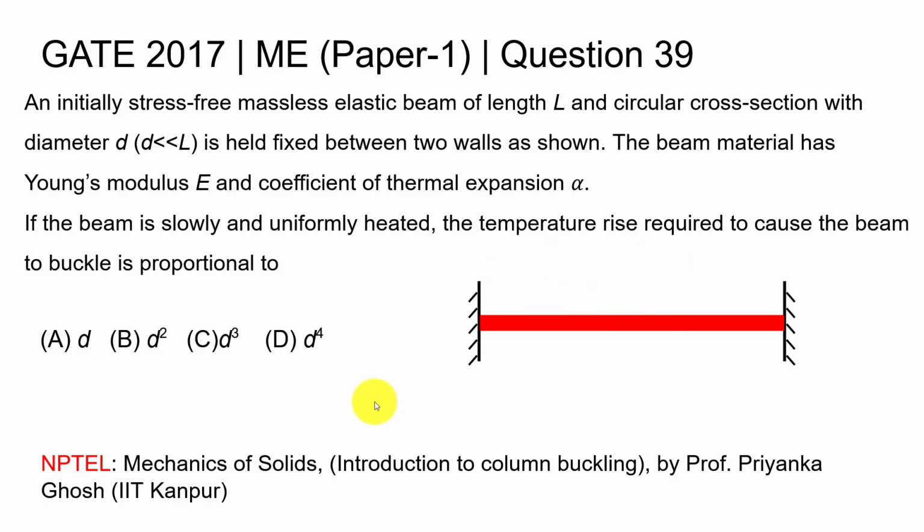Before going into the problem, if you want to know more details about the concept of buckling, you can check out the NPTEL lecture Mechanics of Solids by Professor Priyanka Ghosh from IIT Kanpur. So let's go ahead with the problem.